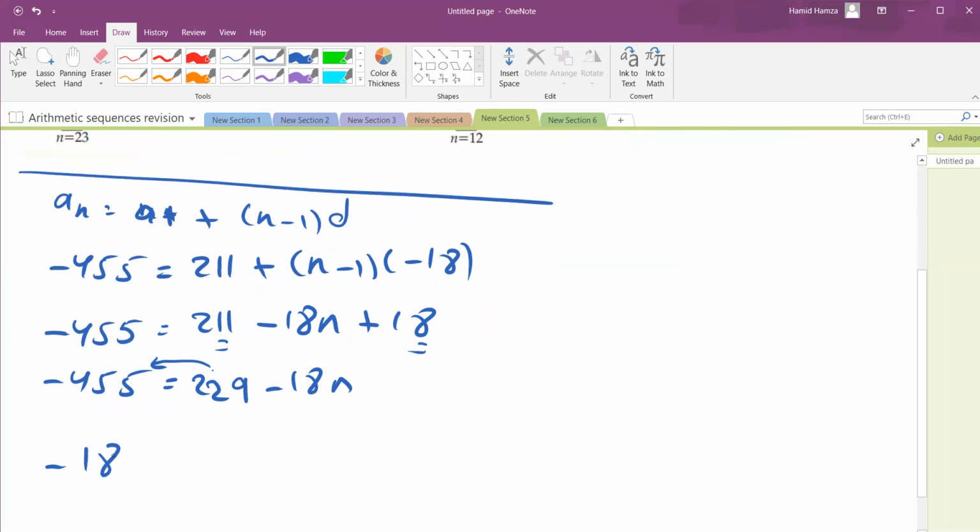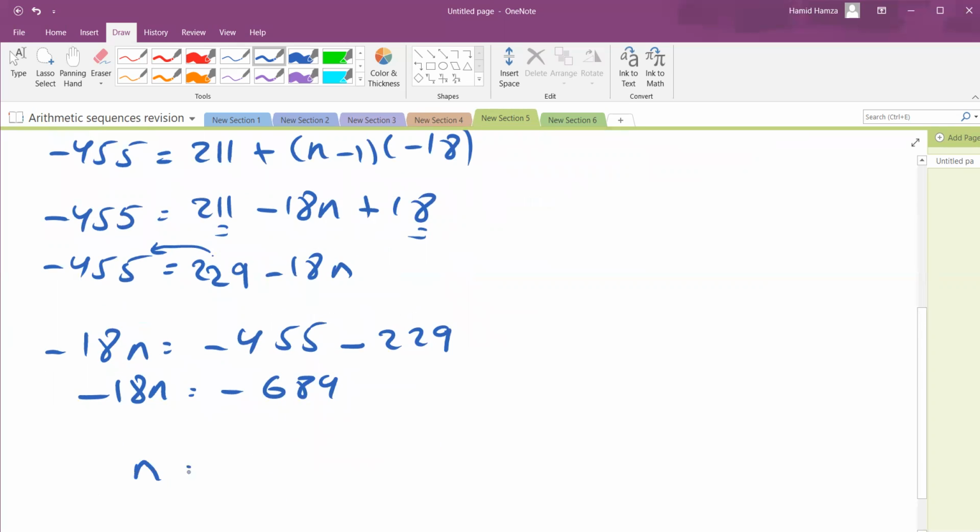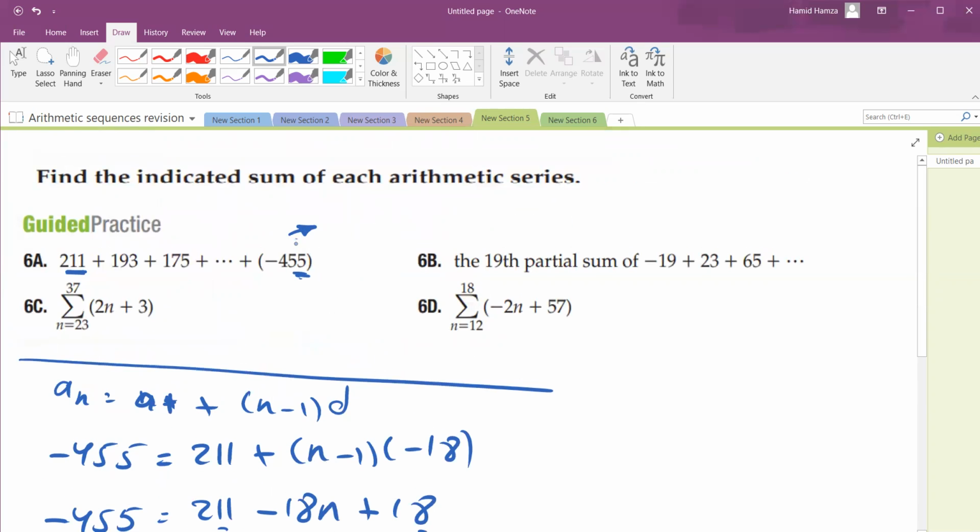So negative 18n equals negative 455 minus 229, which is negative 455 plus 229. So negative 18n equals negative 684. Divide both sides by 18. So n equals 38.